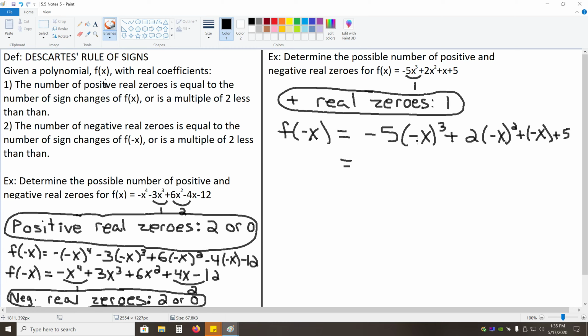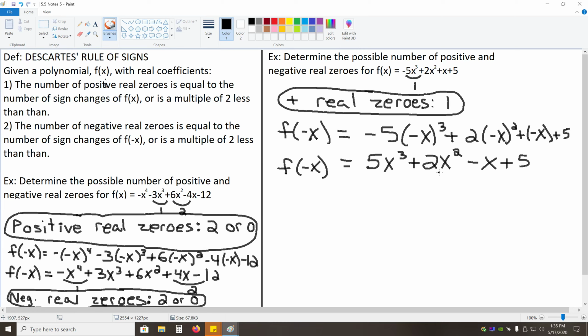Here there are 4 negatives, so it's going to become a positive 5x cubed. Here there are 2 negatives, it's going to become a positive 2x squared. Here there's 1 negative, it'll be minus x, and then plus 5. So f of negative x is 5x cubed plus 2x squared minus x plus 5.